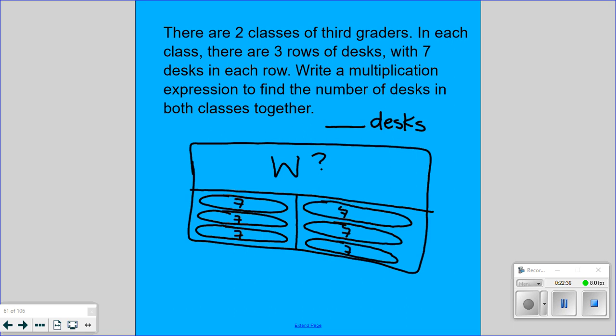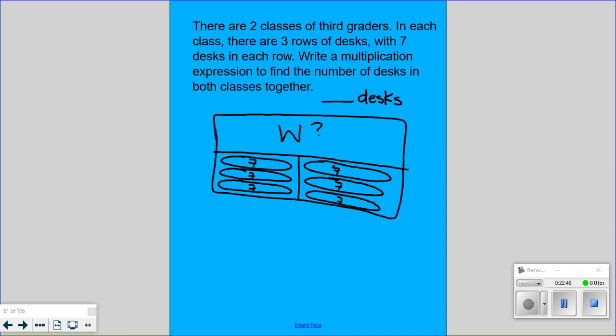Do you want to do the desks first or the classes first? Madison? Classes. All right, how many classes we got, Madison? 2. 2 groups. What's going on in those groups? What's going on in those classes?